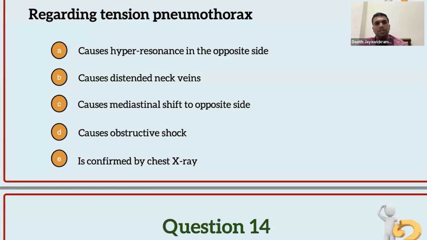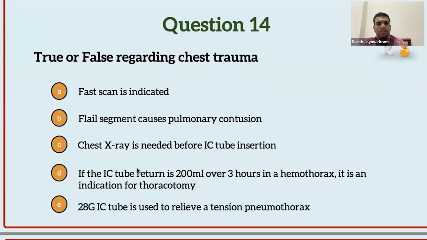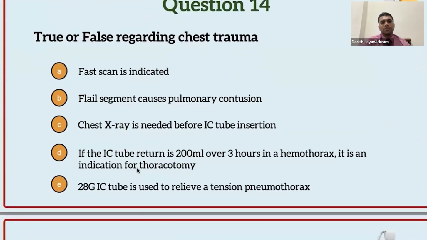Anybody got the answers correct? True or false regarding chest trauma? FAST scan is indicated. What do you think? Yes, in chest trauma you can do a FAST scan because you can look at the costodiaphragmatic recess and a small hemothorax that might not be visible on chest X-ray.